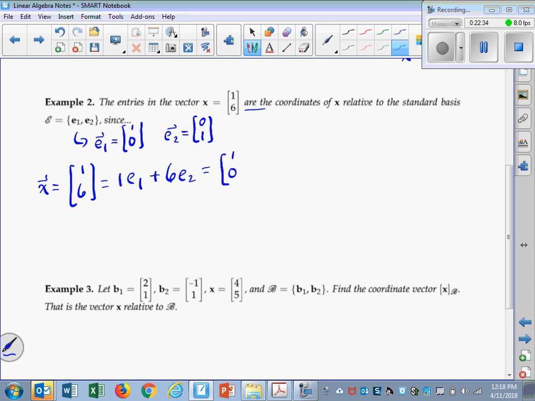So notice that this is just a linear combination of the standard basis vectors for R2. So these are standard basis vectors for R2. Okay. And so we're still using, it's almost like the standard basis coordinates, but we've been using them instinctively, even way back in multivariable calculus.